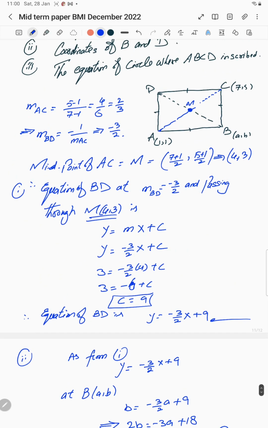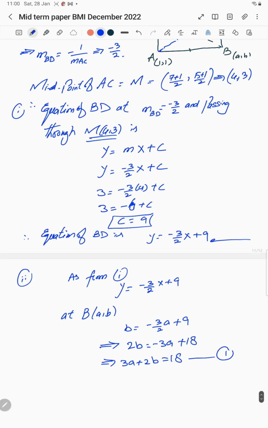And secondly, you can see the gradient of BC is perpendicular to the gradient of AB.